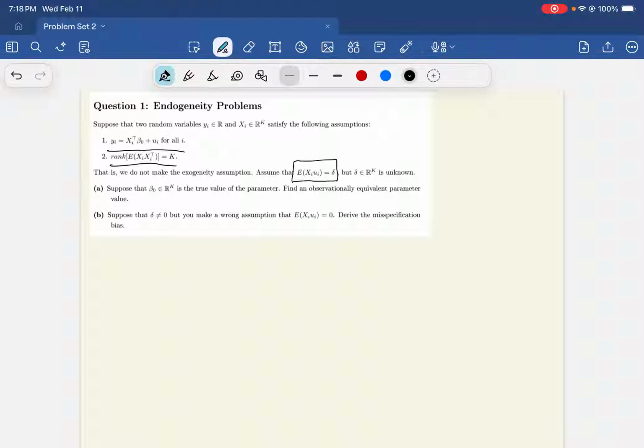The first part of the question is, so beta 0 is the true value, and then let's find an observationally equivalent parameter value. The idea is, as you know, it's about the exogeneity. So the reason for identification failure is due to the failure of the exogeneity condition. So that is a clue.